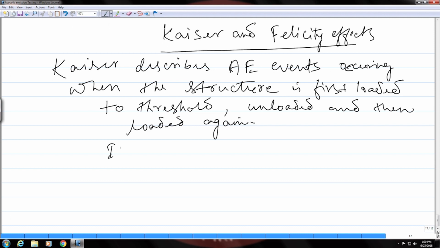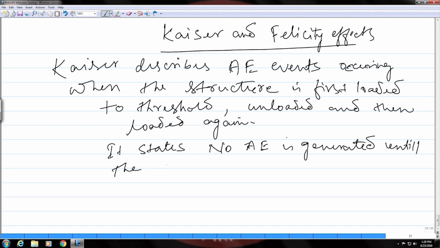And it states that no acoustic emission is generated until the previous maximum load at which the emissions were obtained in the previous cycle is exceeded.